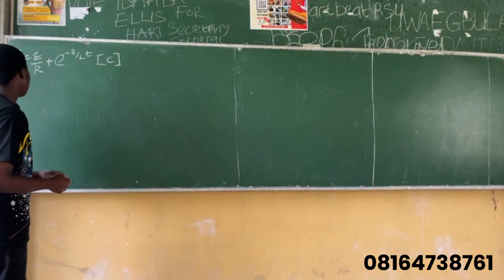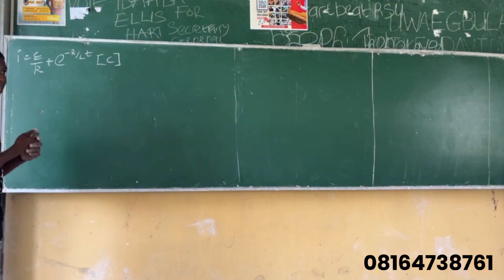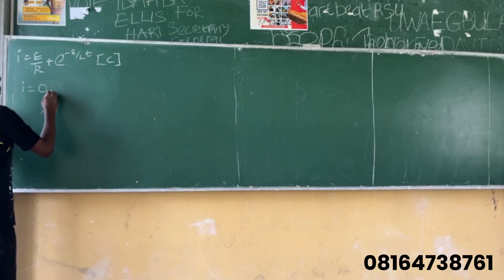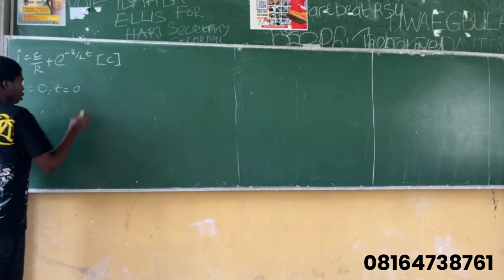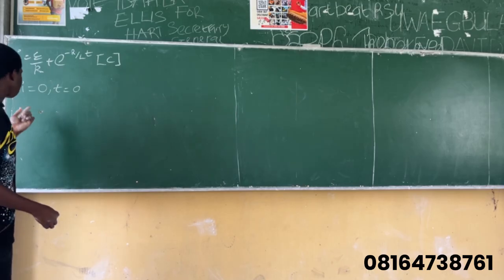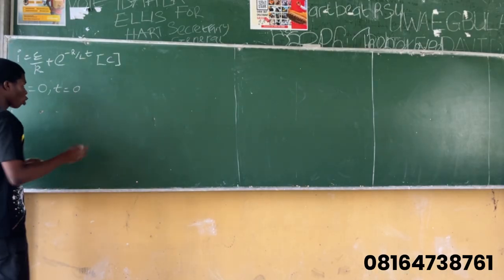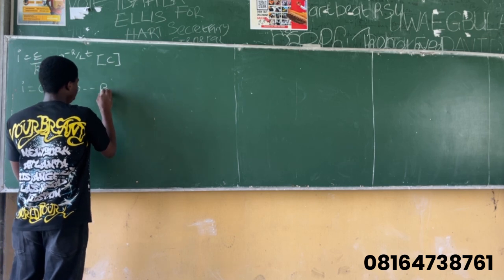Now, using the boundary conditions, we'll be able to find the constant, whereby I is equal to 0 and t equals 0. These are basically the starting conditions: when the time was 0, the current was 0. Let's call them boundary conditions.